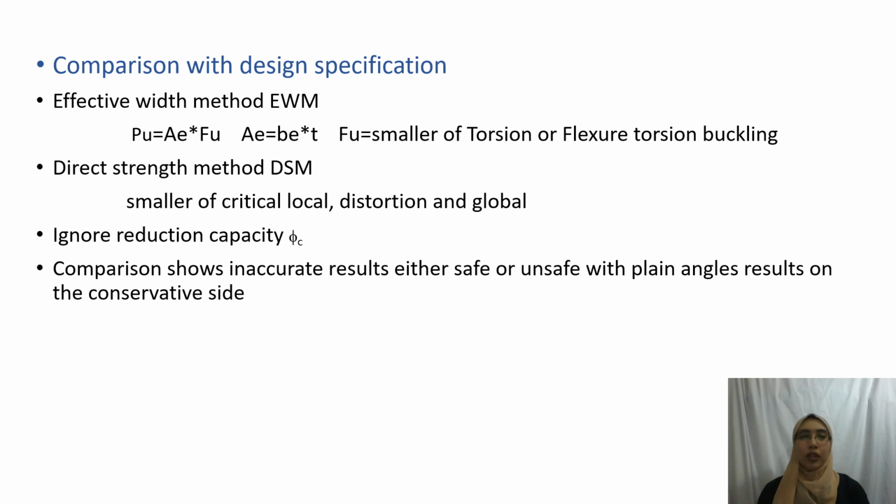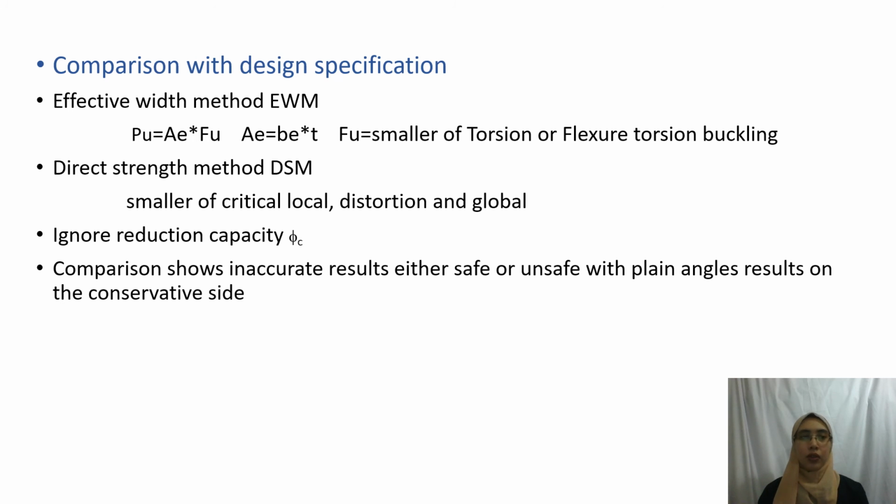So the ultimate axial load is equal to the ultimate strength times the reduced area. The reduced area is equal to the effective width times thickness, and the ultimate strength is the smaller of torsional and flexural-torsional buckling, with the reduction capacity factor ignored.